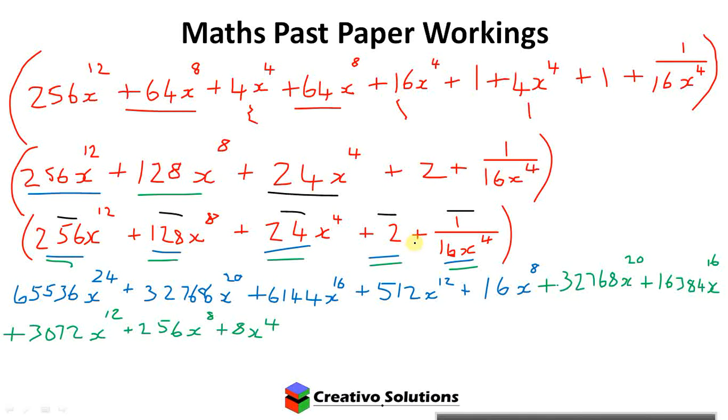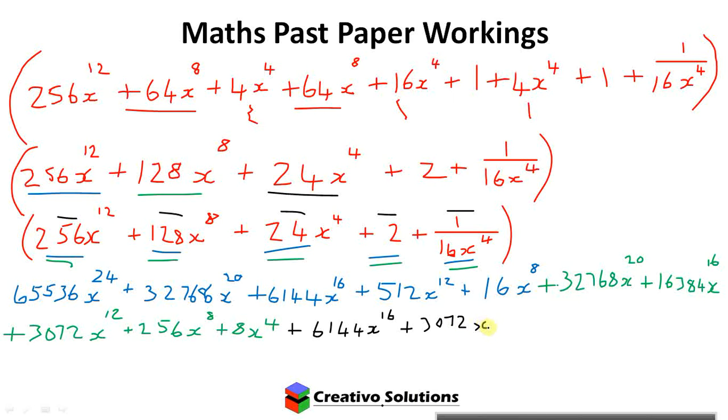Okay, 256 times 24 is 6144, x to the 16. Okay, 128 times 24 is 3072.